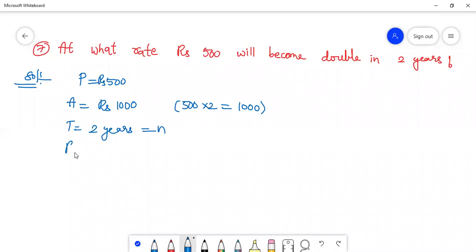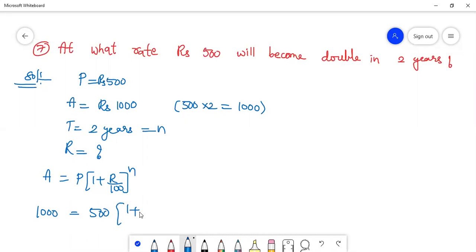We can find out capital R. We are using A is equal to the amount compounded annually, that is P into 1 plus R by 100 whole power n. In this, the amount is 1000 rupees, the principal amount is 500, 1 plus rate of interest, we don't know, by 100 whole power n, where n is 2 years.